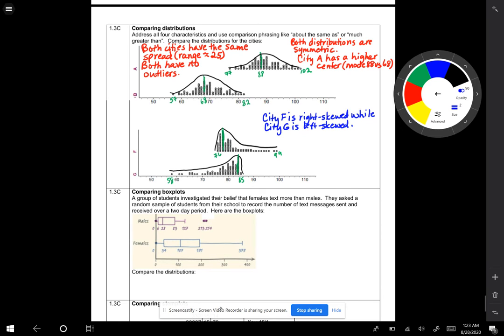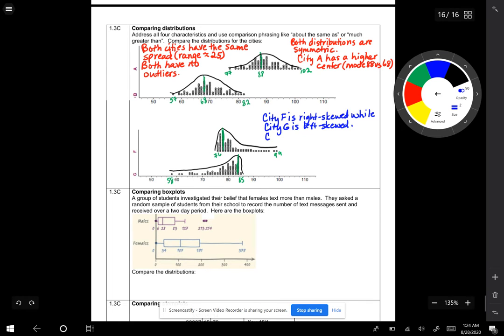City G actually has the higher mode, the higher peak at 85, or I'm sorry, at 84. So the peak is at 84, the smallest value is at 85.